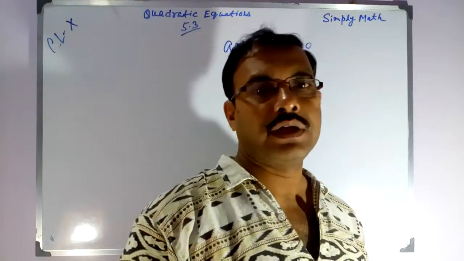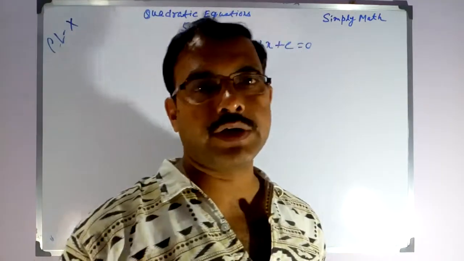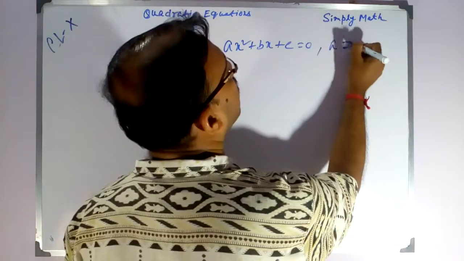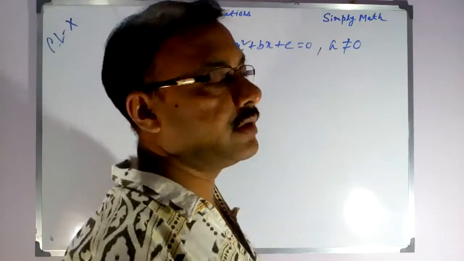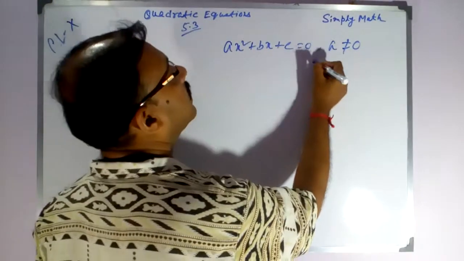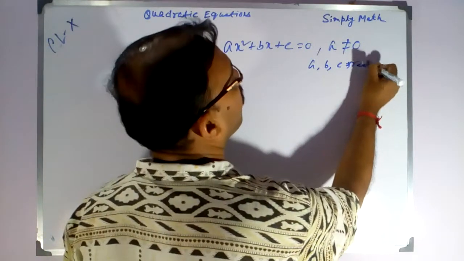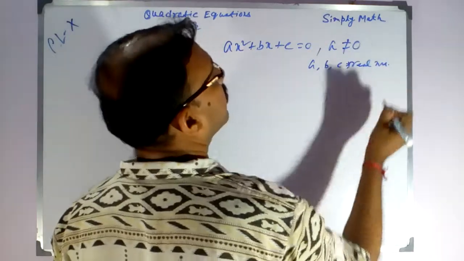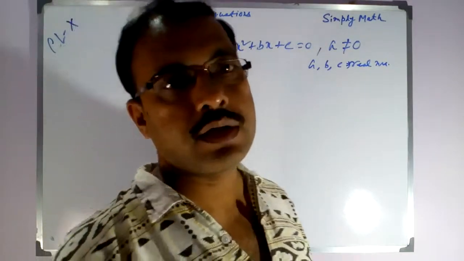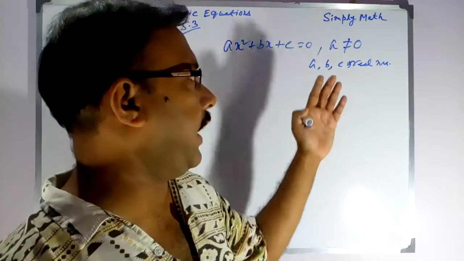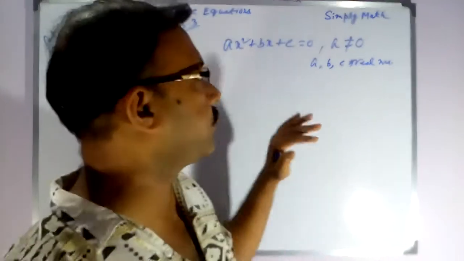This is the general form of a quadratic equation, where a cannot be 0, and a, b, c are all real numbers. What is the general form of a quadratic equation?